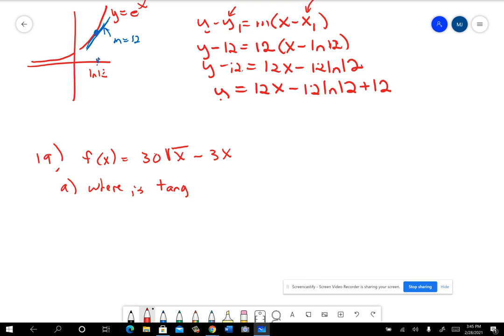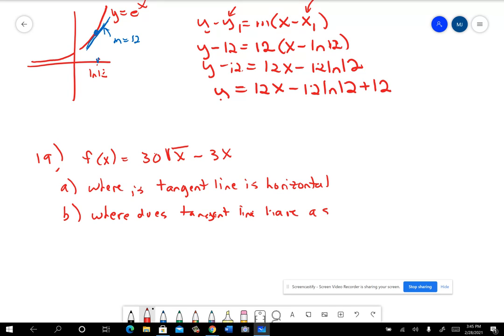And on part B, find all the points where the tangent line has a slope of -1/2.